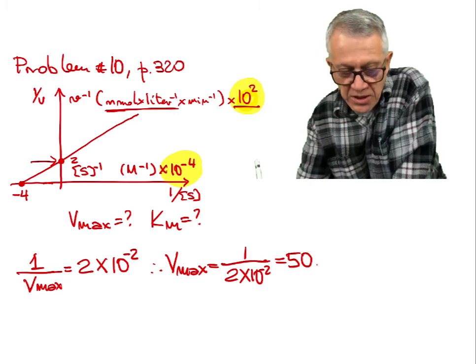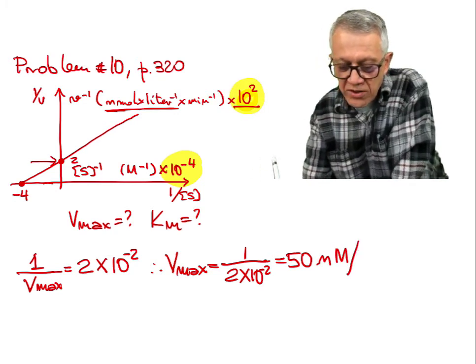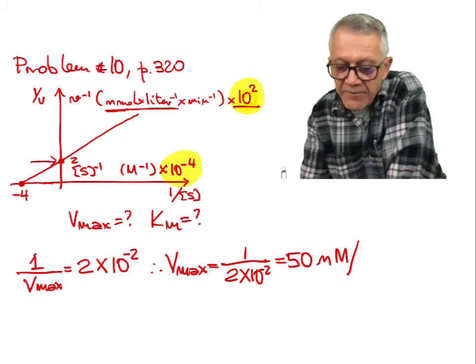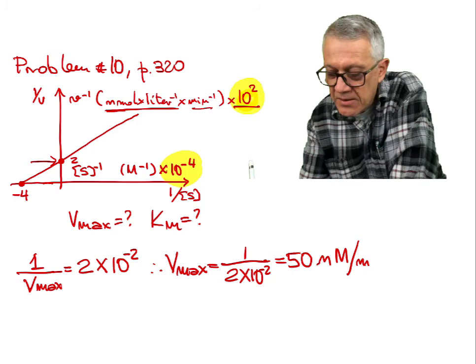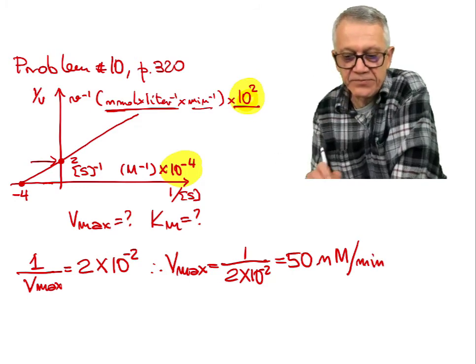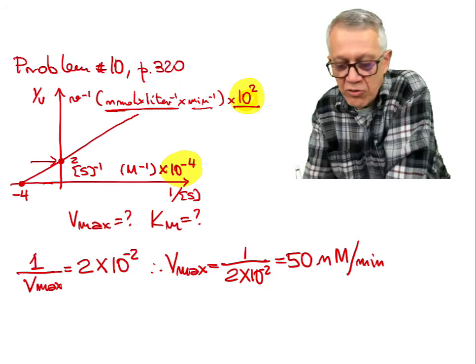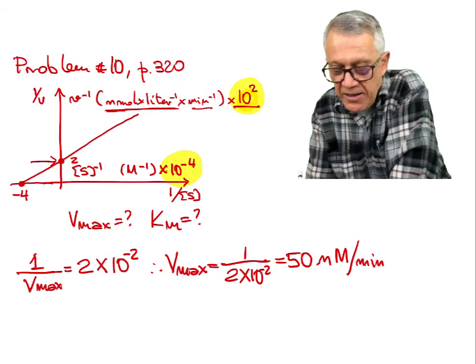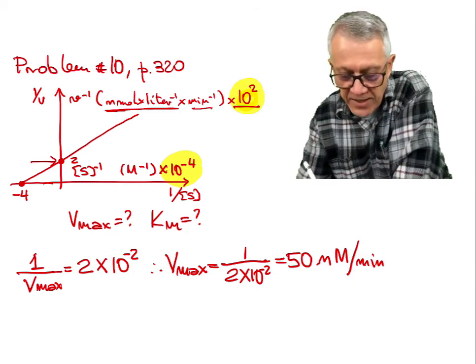So let's put here nanomolar, and the unit for time was also minute, right? So per minute. Okay, so no big deal. The only thing that we need is to know how to handle these values when they are given in such a format.